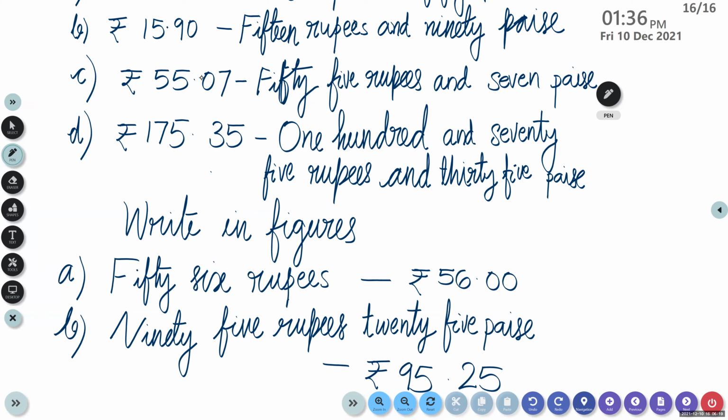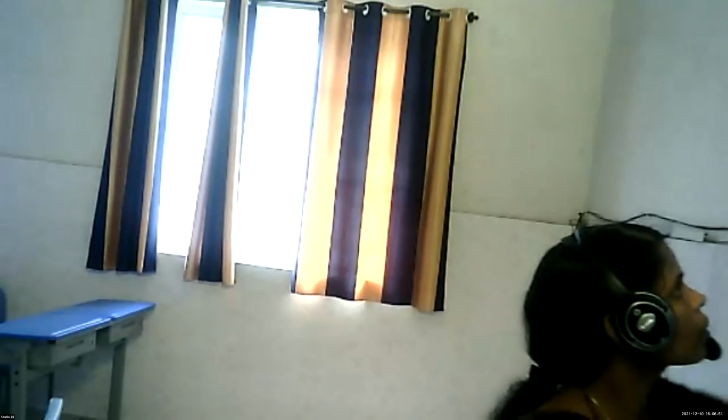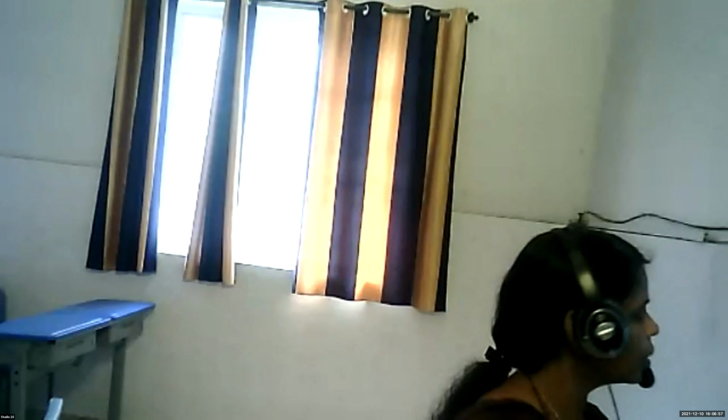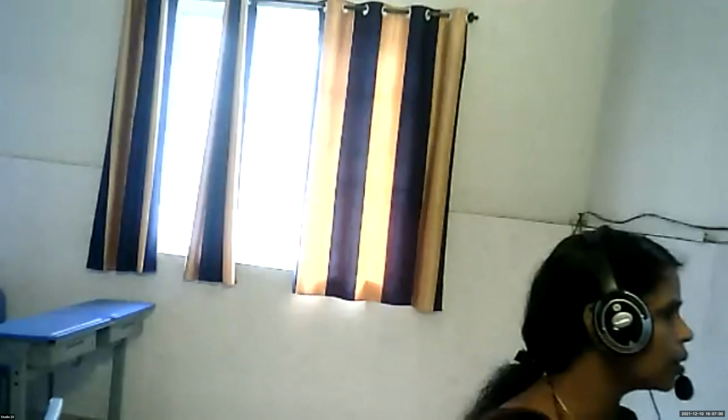Question C is 29 rupees and 5 paisa. C and D I will send in the group.